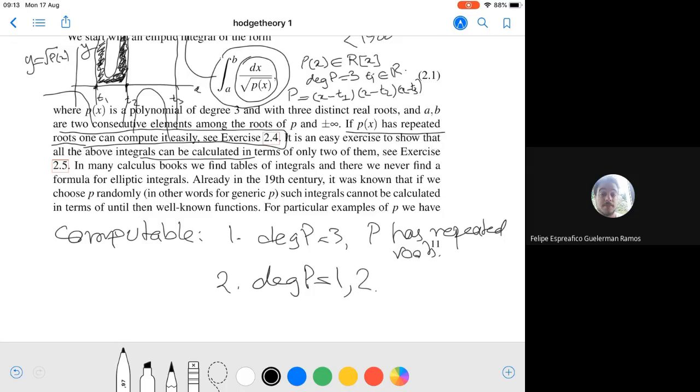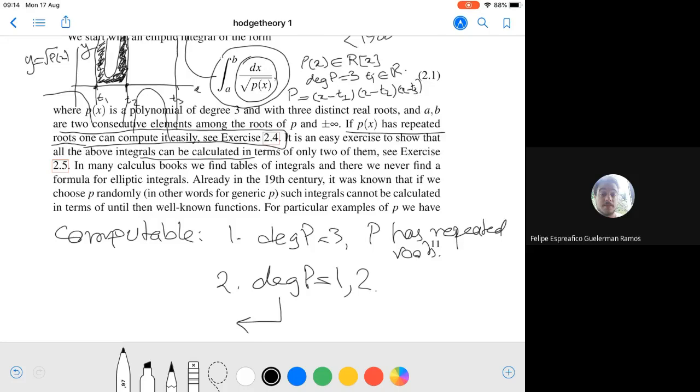And you might get bored saying, okay, what's the matter to compute these integrals or not? But the basic idea that I'm going to talk about has to do with some phenomenon in algebraic geometry.